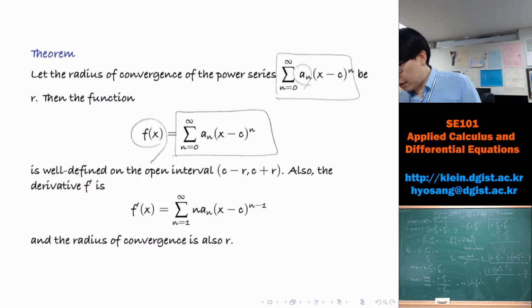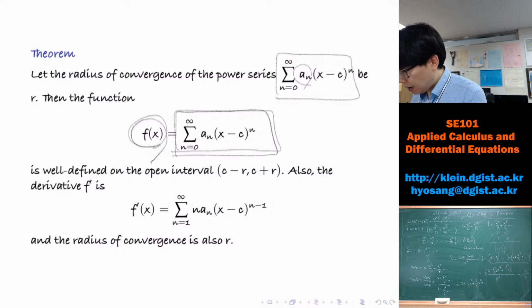And I know that the radius of convergence is R, so I can find a fixed number for this power series for x lying inside the interval of convergence. So for those x inside the interval of convergence, I can define a function whose value is exactly the limit of this power series.